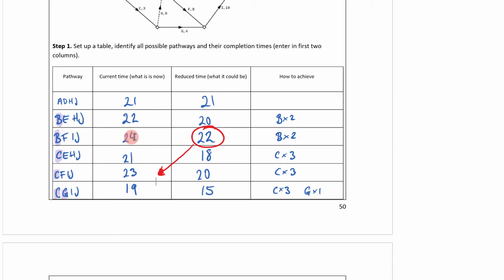So if I was to reduce B twice, my new completion time would be 22. But now this CFIJ, before I applied the reduction to C, would become 23. That means my new completion time would actually be 23 if I applied a reduction of B twice.